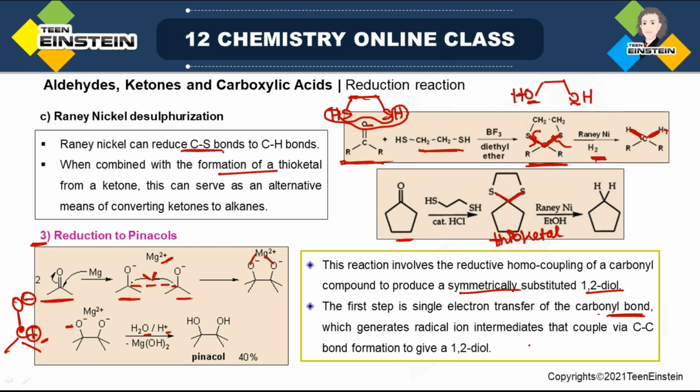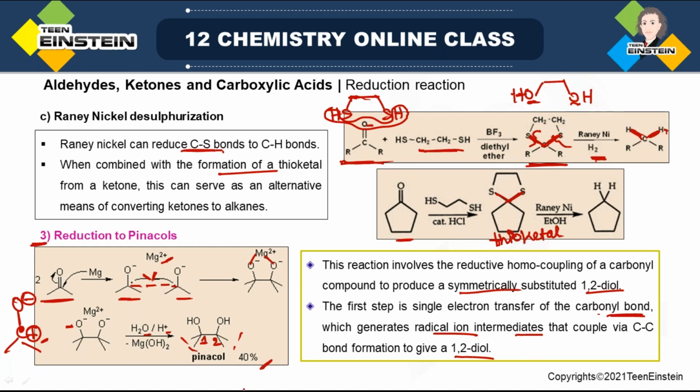So the first step, single electron transfer of the carbonyl bond, generates radical ion intermediates, and that will undergo coupling, C-C coupling. Ultimately you will get 1,2-diol. So this is 1 position, this is 2 position. Now both sides you can say this is symmetrical. There may be any other groups. In this case it is methyl, but there may be other groups, though here yield is not very good.